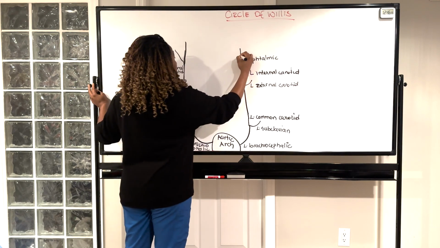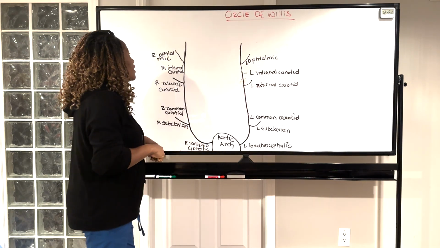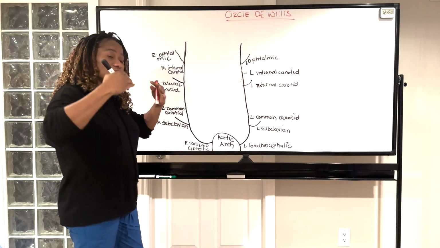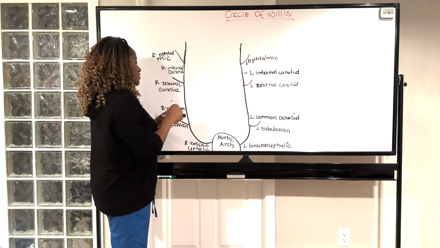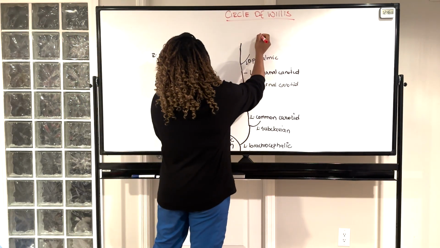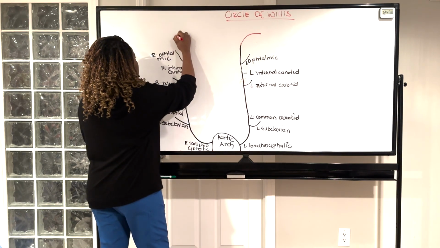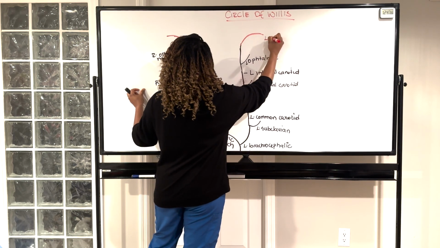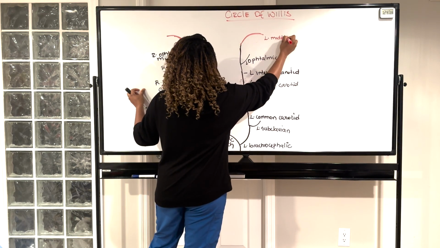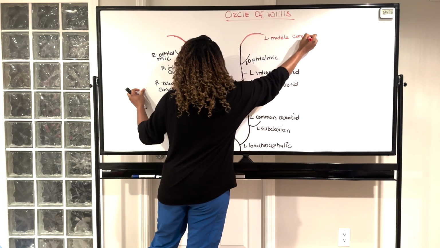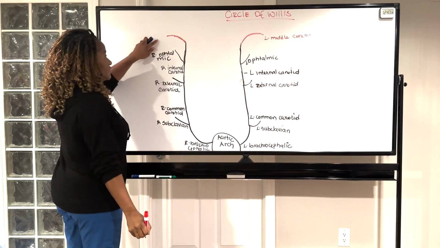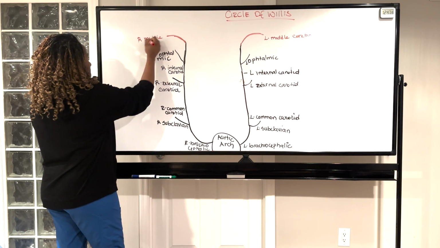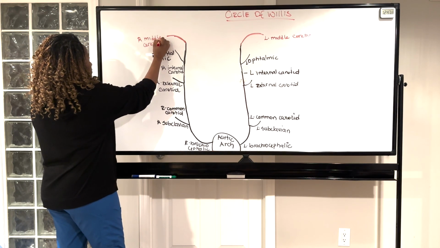So after they give a branch to the ophthalmic, they're going to be receiving the branches of the middle cerebral arteries. So I'm going to draw them in red. So there comes the middle cerebral. So here is going to be our left middle cerebral, and here is gonna be our right middle cerebral.